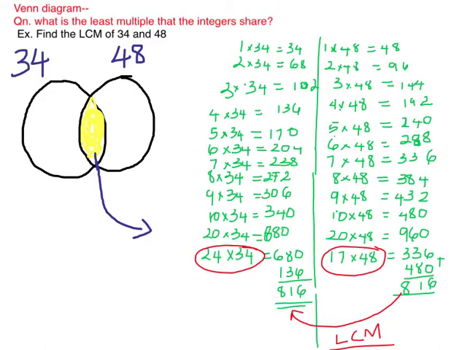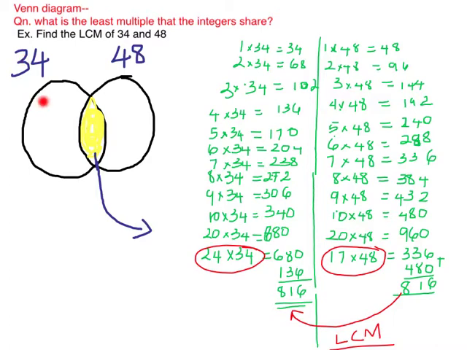Now what we're looking for with the Venn diagram is those elements in the list that are a multiple of both 34 and 48.